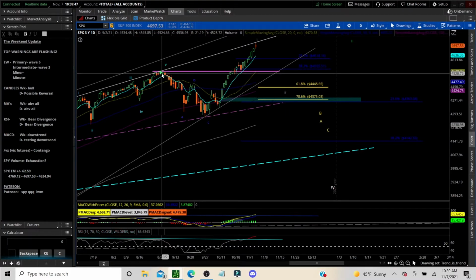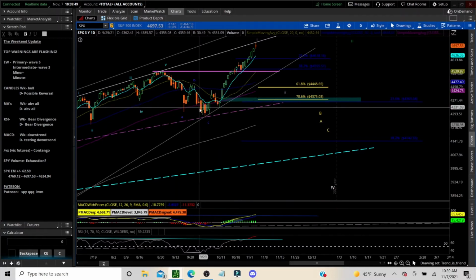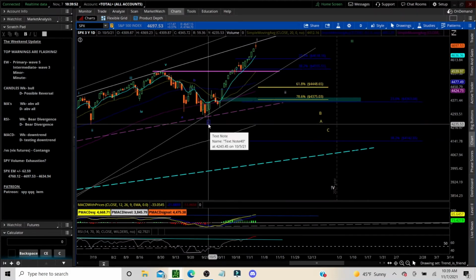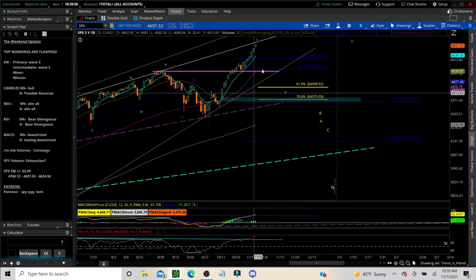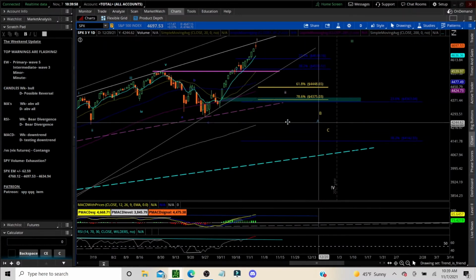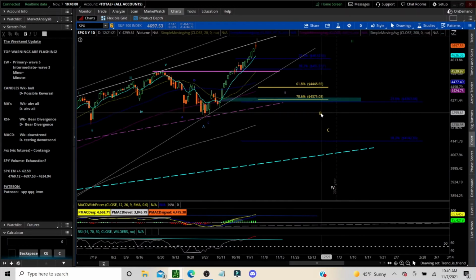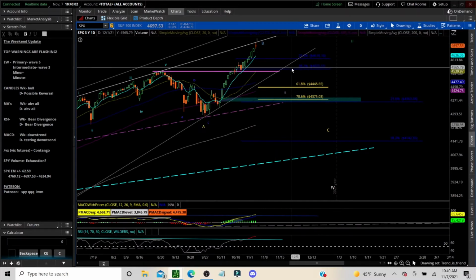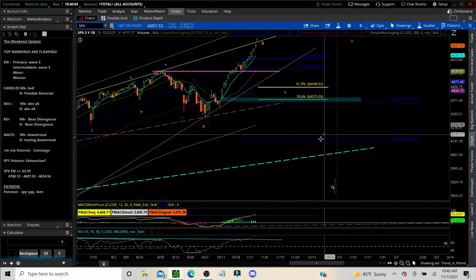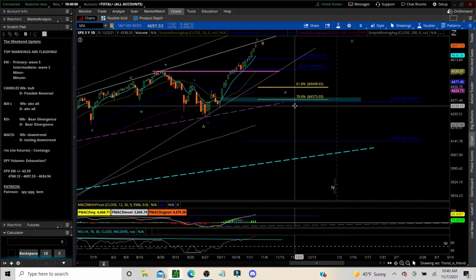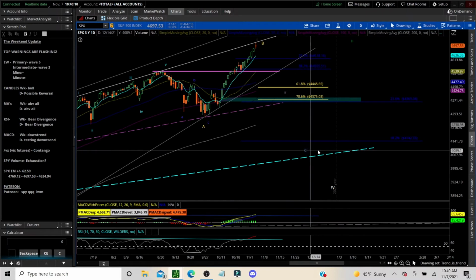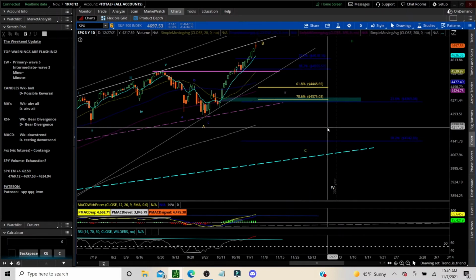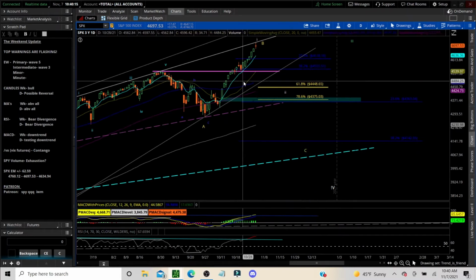So that would be an expanded flat. That would be an A. I have these over here as just places, I'll put them in later. Actually, I'll show you what I mean. A down, B expanded flat, and C either a running flat at the 236 or all the way down to the 382. Kind of two scenarios that we could be looking at.